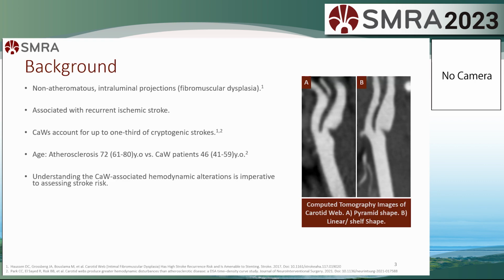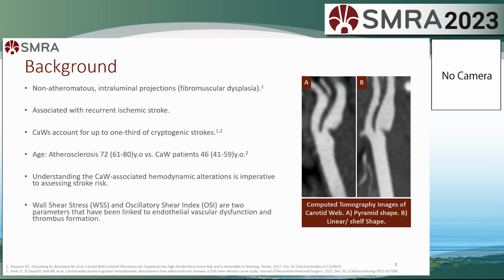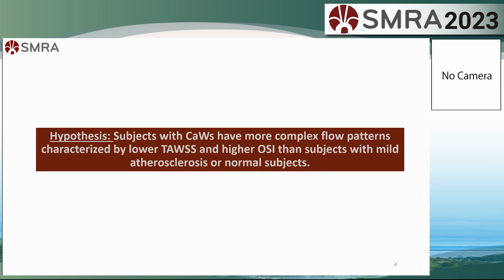If we want to understand why these patients are getting clots in their carotids, in this specific region, we need to understand a little bit about their flow. The two parameters I chose for this presentation are wall shear stress and oscillatory shear index, because both have been linked to endothelial vascular dysfunction and thrombus formation.